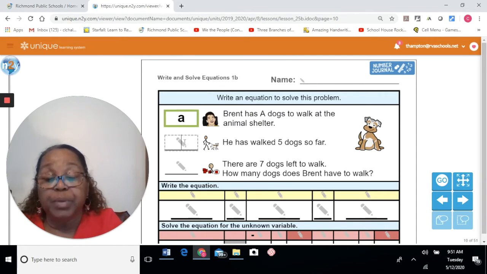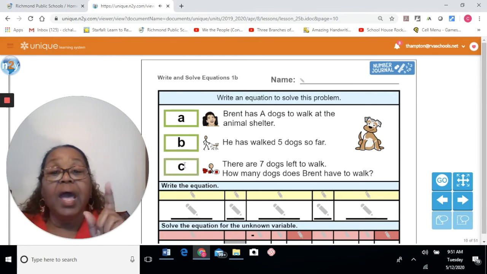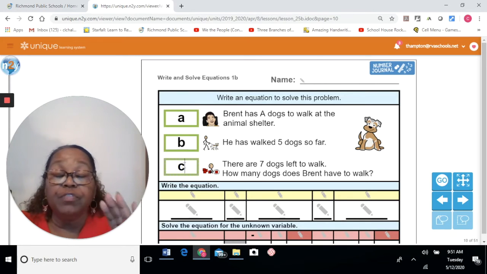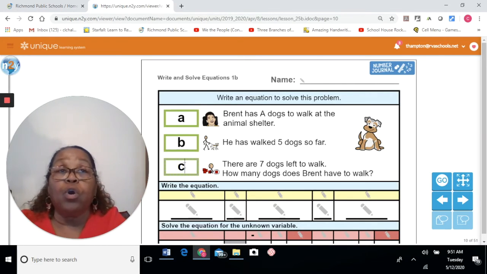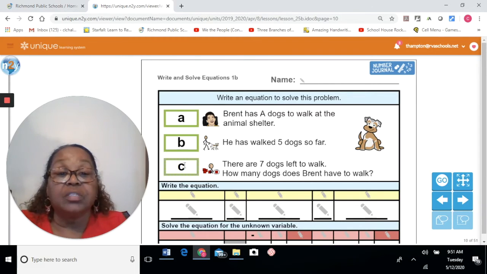So that's B. A plus B equals C. And that will equal C. There are 7 dogs left to walk. How many dogs does Brent have to walk? If your word problem says something is left, that makes you know subtraction has happened. Subtraction is the operation. There are 7 dogs left to walk.